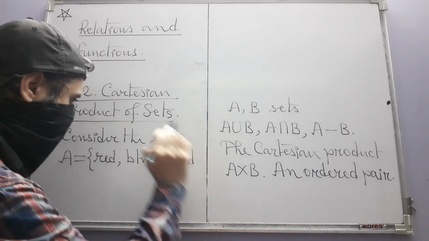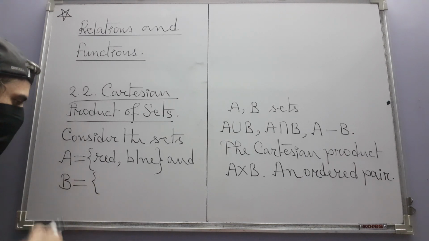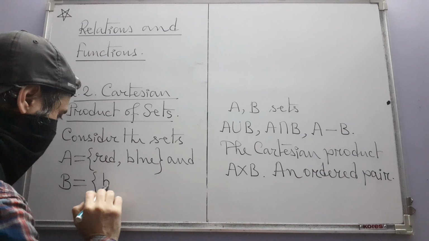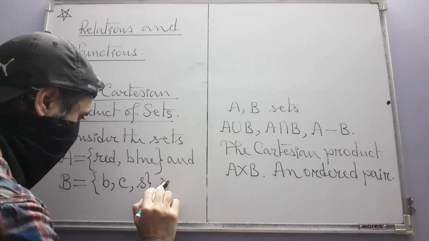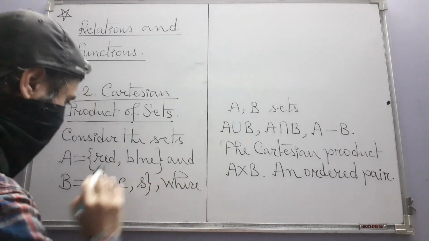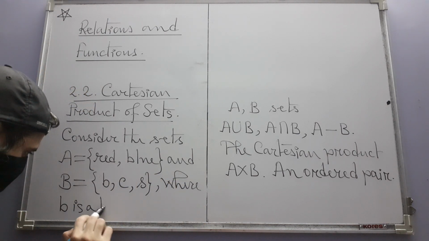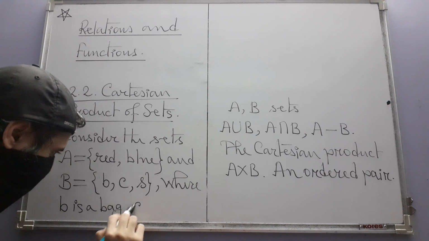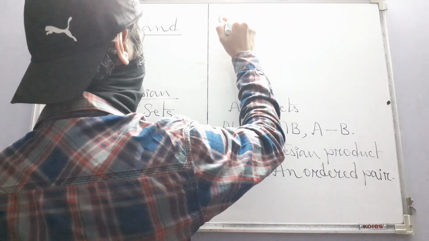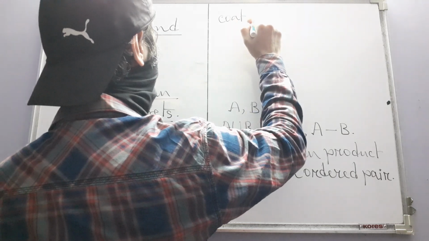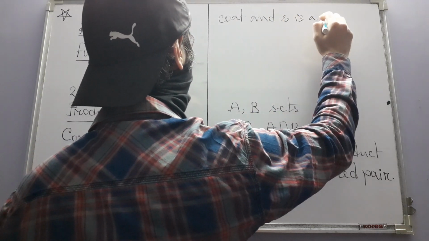And B is the set of three objects, B, C and S, where B is a bag, C is a coat, and S is a shirt set.